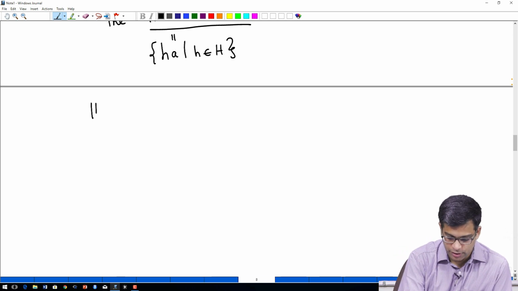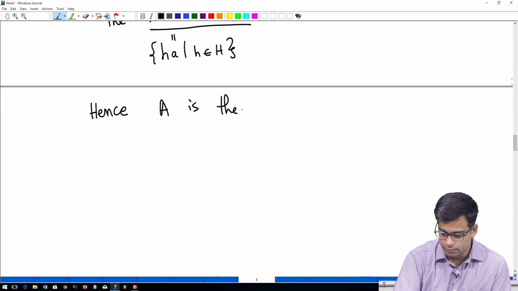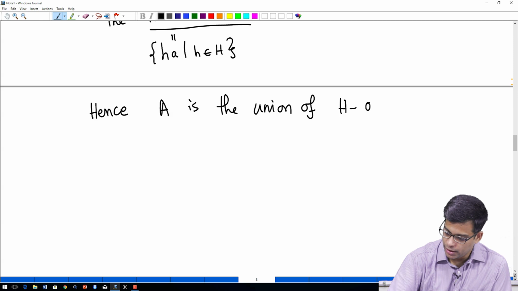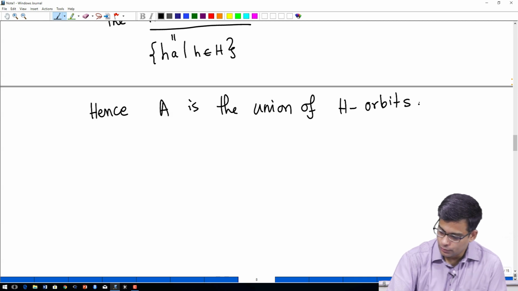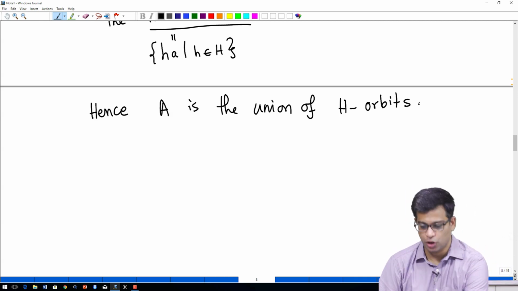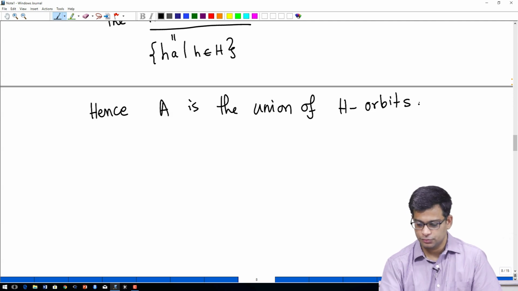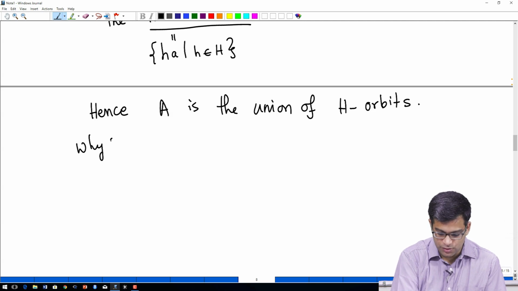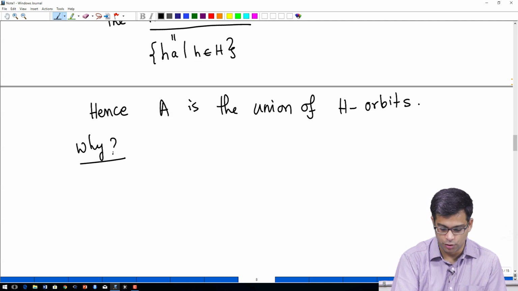So in other words, hence A is the union of H orbits, right, because of course H orbits are disjoint, and A must be the union of H orbits. Why is it a union of H orbits?